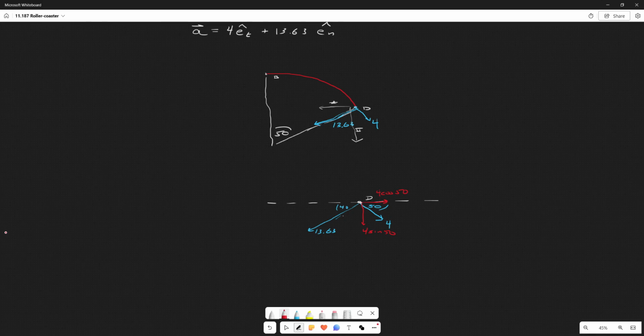Let me go to the normal vector, which has a magnitude of 13.63. It will have an x component, which looks like that, which is 13.63 times the cosine of 40. And it will have a vertical component that will be pointing down that looks like this, and that will have a magnitude of 13.63 times the sine of 40.